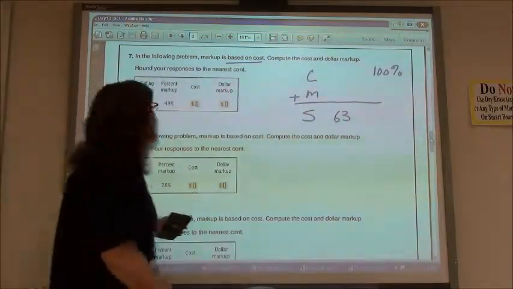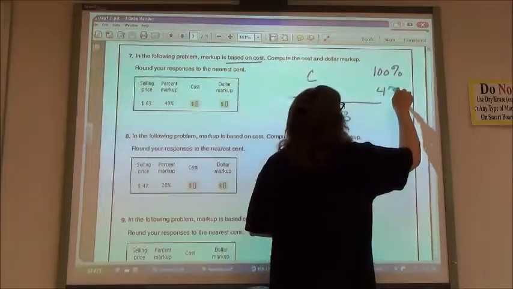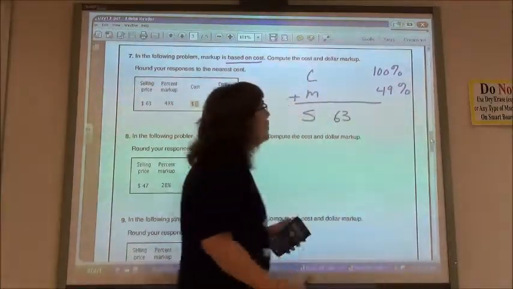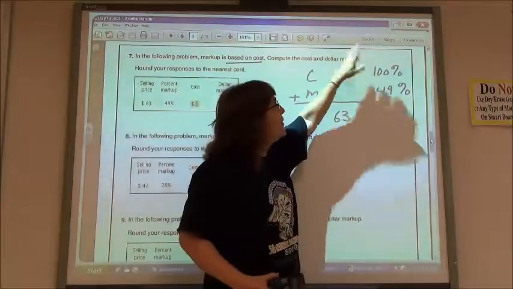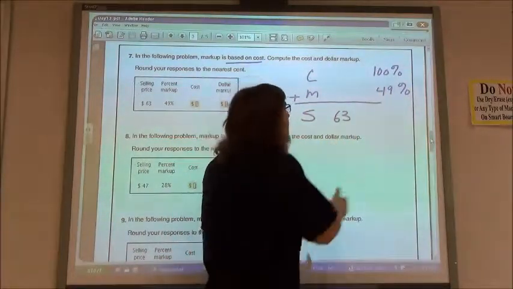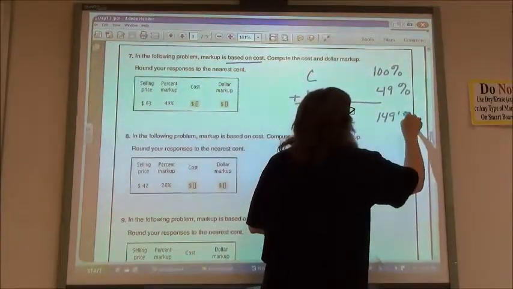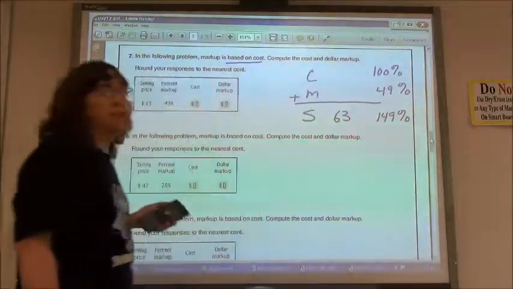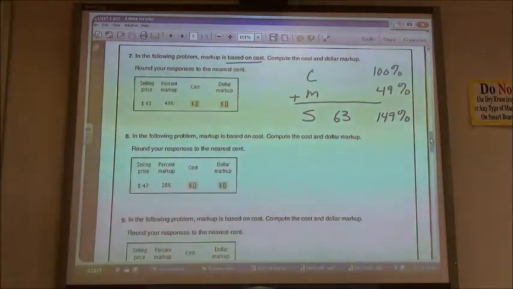I also know what the percent markup was, 49%. So what that means is if I take 100% plus 49%, that 149% is what my percent markup on the cost is.